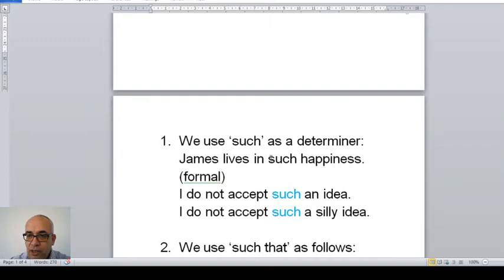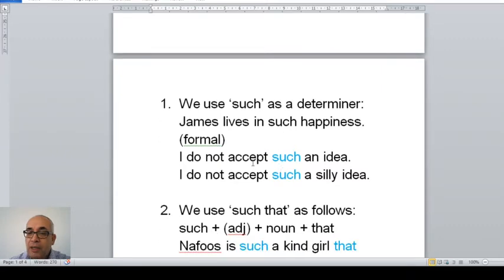And such is formal. It's a formal word. I do not accept such an idea. Again, such is a determiner. I do not accept such a silly idea.